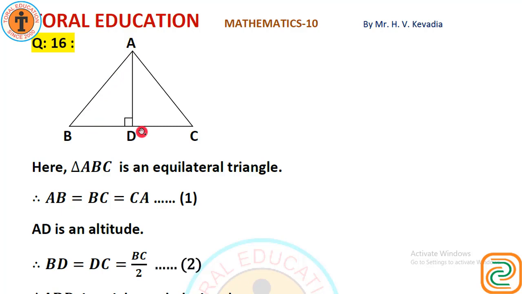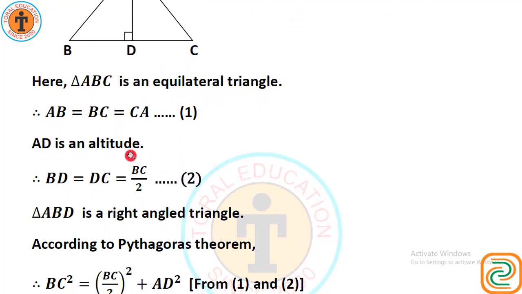We have to prove this. Here triangle ABC is an equilateral triangle, therefore AB equals BC equals CA. AD is an altitude, so BD equals DC, equals BC upon 2.